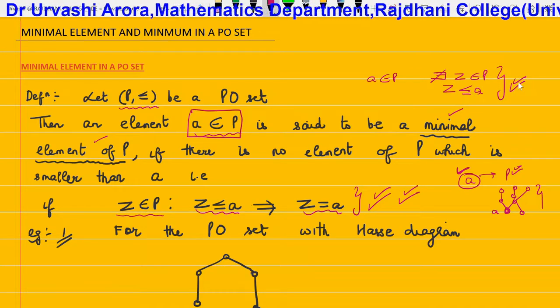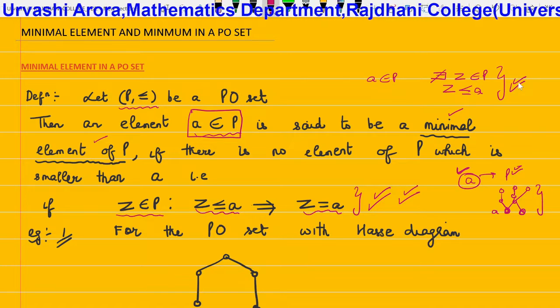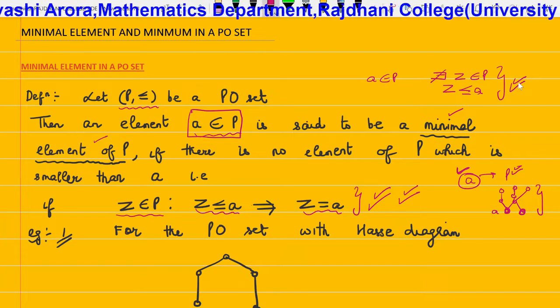So in the Hasse diagram of any PO set, you will see that the minimal elements will always be the elements which are at the bottom.